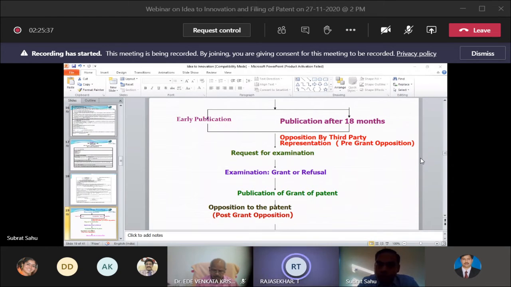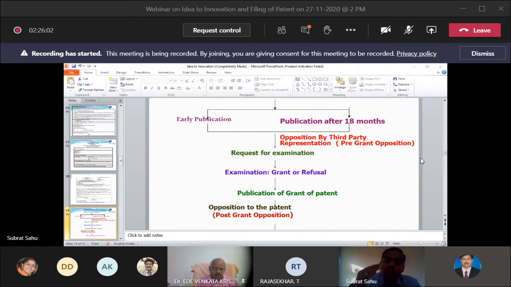See, the grant procedure consists of the filing of a patent application. Generally, publication happens after 18 months. But if you want an early publication, you have to file Form 9. If you file Form 9, your application will get published in the Indian Patent Journal within a month.